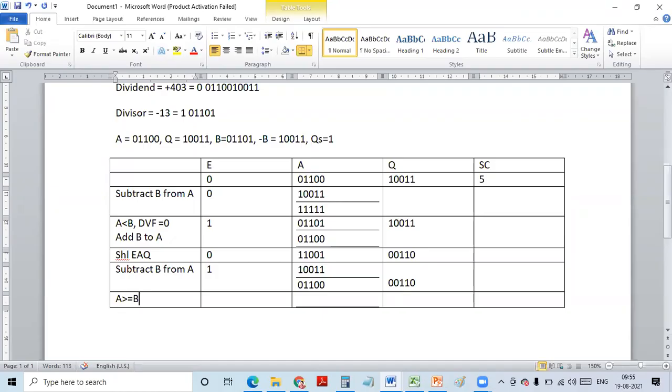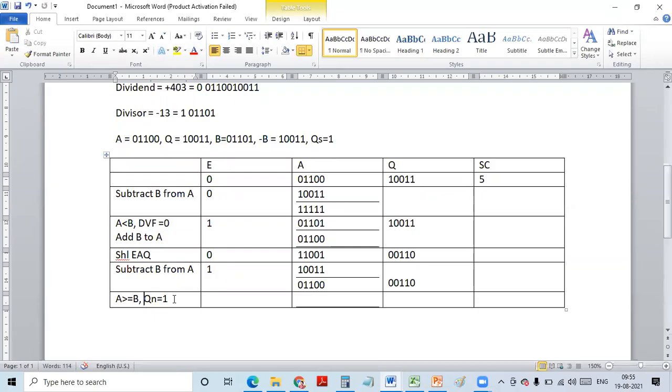Since we are able to subtract B from A, it means one time your B is going from A. So the least significant bit of your Q, which was 0, now you can make it 1. This leads to your Qn being made 1. Am I right? Yes, ma'am.